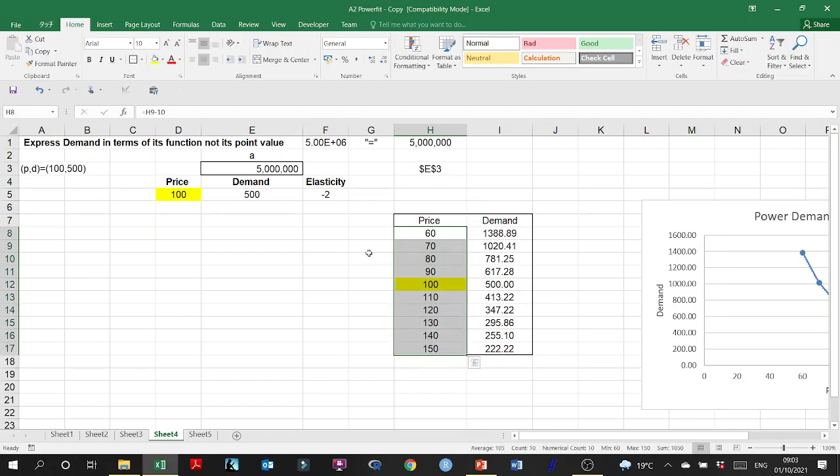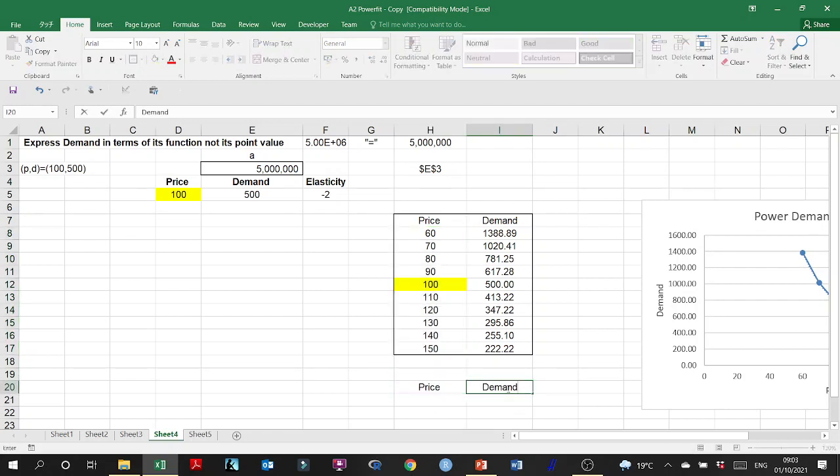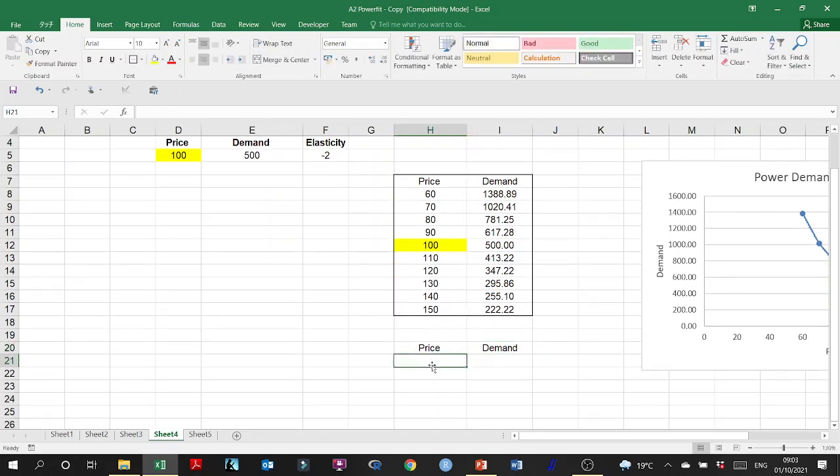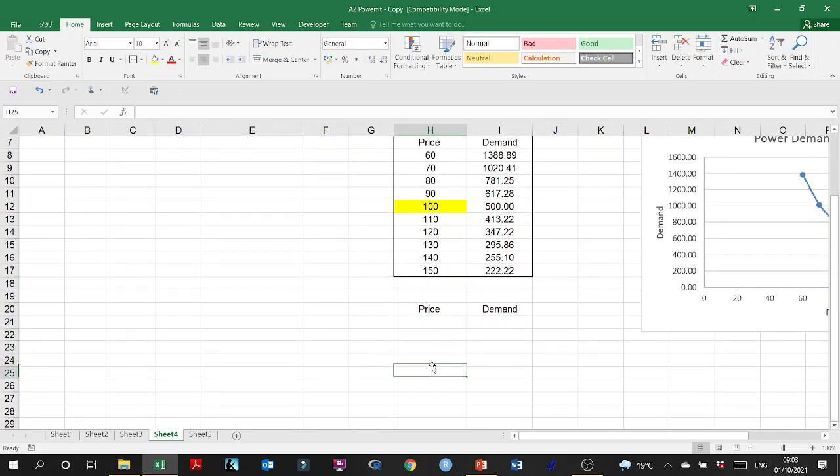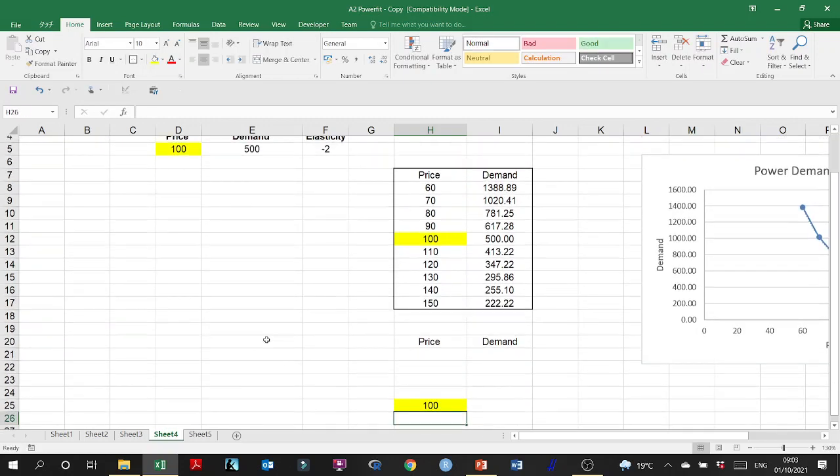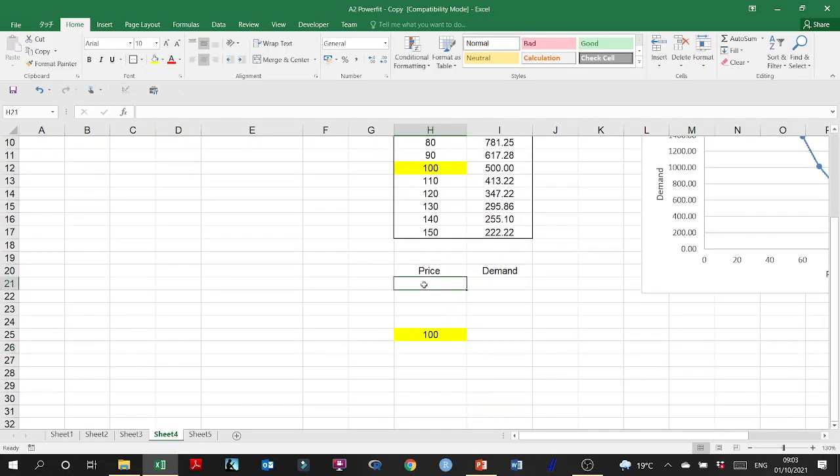10 points in such a way that, if you want to know how I set this up, you just start with price. You just start with demand. You count 5 cells, 1, 2, 3, 4, 5. On the 5th one, I just highlighted it and I made it to be equal to this price point. And then I started building my way down and up by saying I want to decrease 10 points out of the 100.